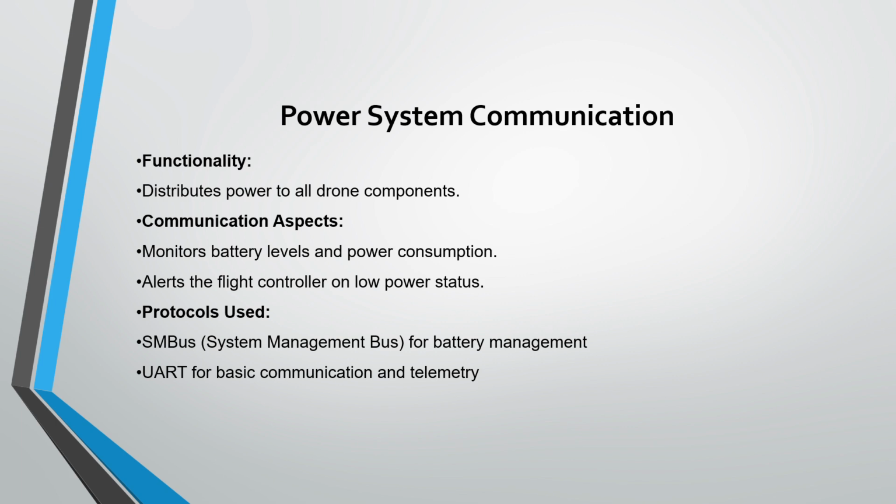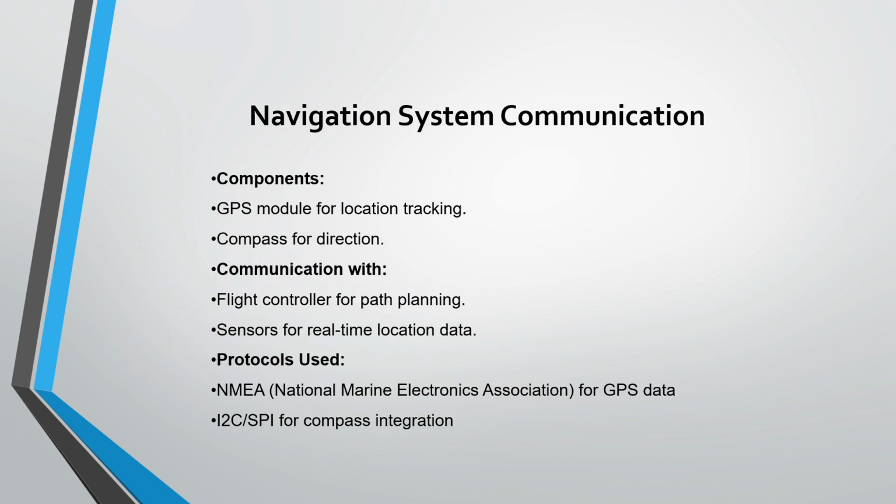Now next, let's move on to navigation system communication. The parts of the navigation system are the GPS and the compass for direction. We have the GPS module for location tracking and the compass for direction, and it communicates with the flight controller for path planning, and with the sensors for real-time location data.